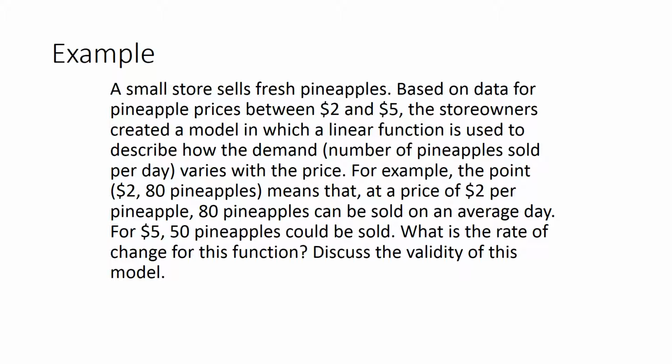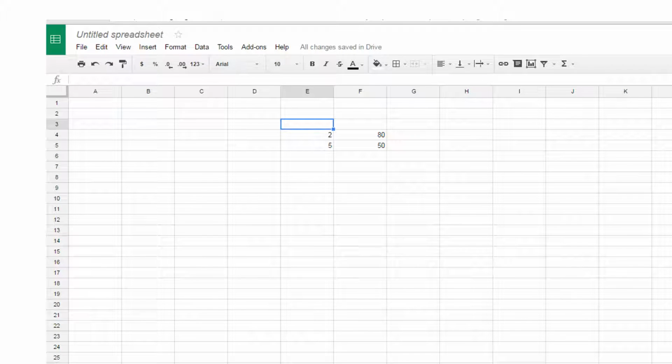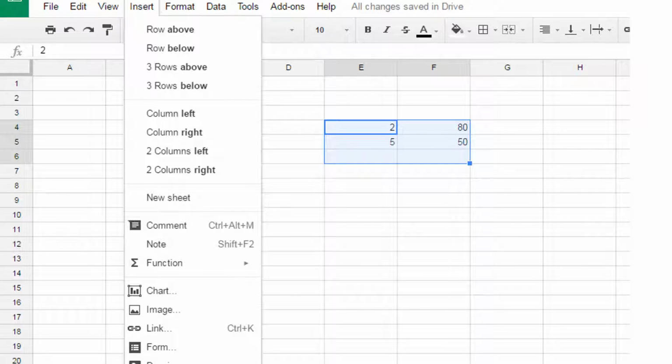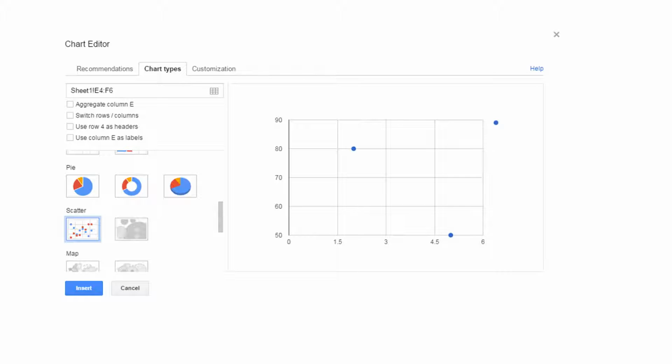So I'm going to go into Google, like we've done before, and I'm going to put my points in there. Next, we're going to highlight the points and select Insert Chart. We'll need to do a scatter plot. As long as I have 2 points, I can do this. So all your problems, you're going to have the 2 points.